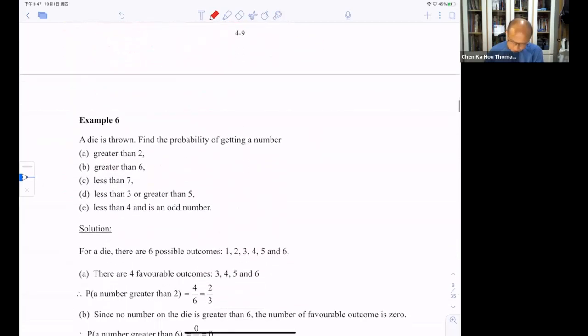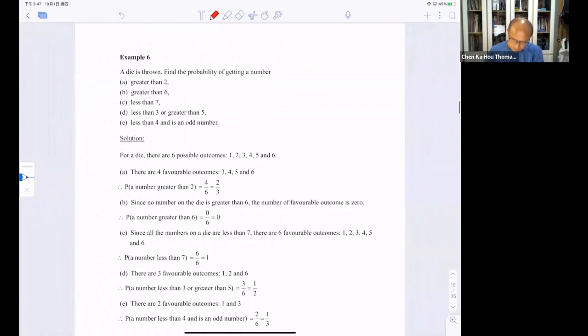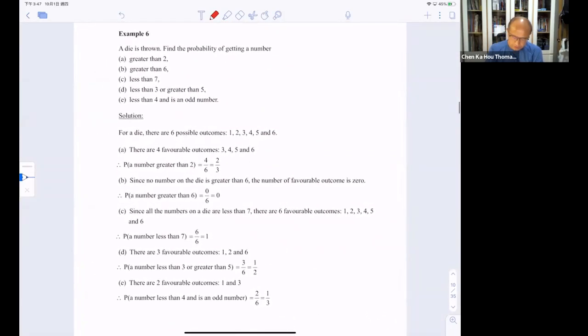Next. Then a simple example: a die is thrown, find the probability of getting a number greater than 2. Again, the sample space is 1 to 6. Greater than 2, there are 4 numbers, so it is 4 over 6. Okay.